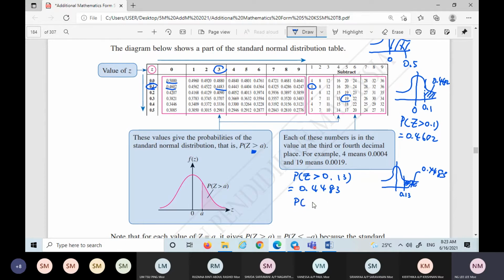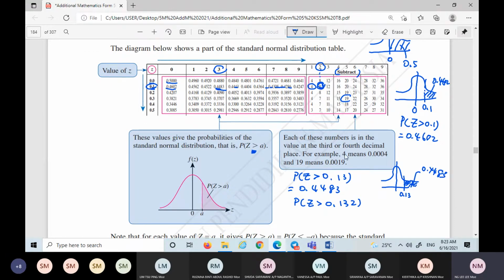Now how about this? Let's say 0.132. So now this is the third decimal place. So 0.13 and then 2. You come down here, and then 8. Subtract, which means minus 8. So you read 0.13, this number first, and then subtract 8 from here.